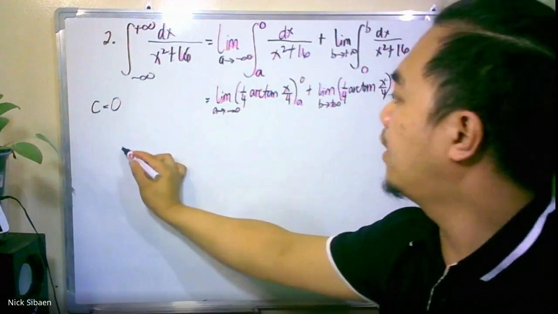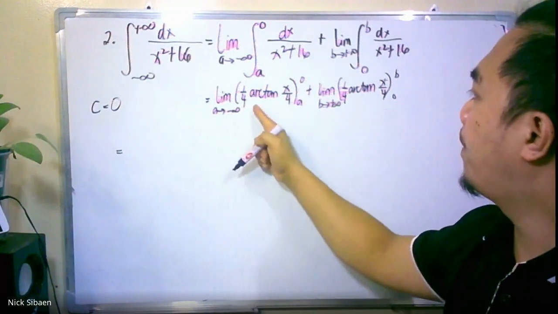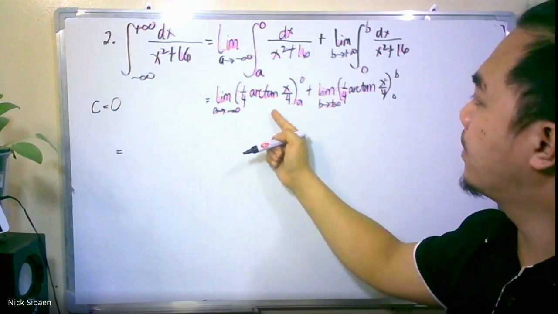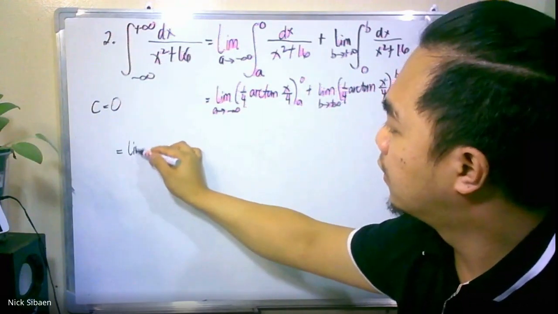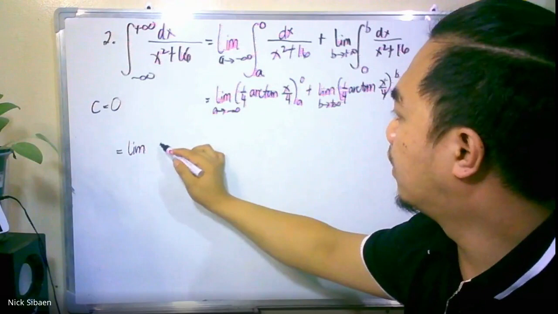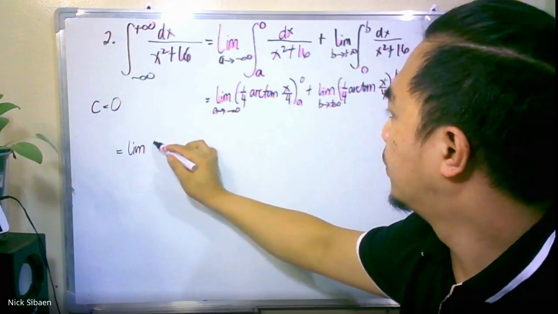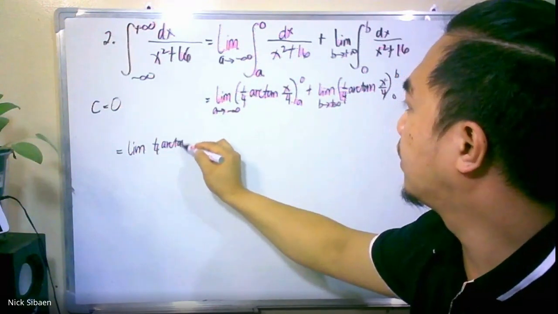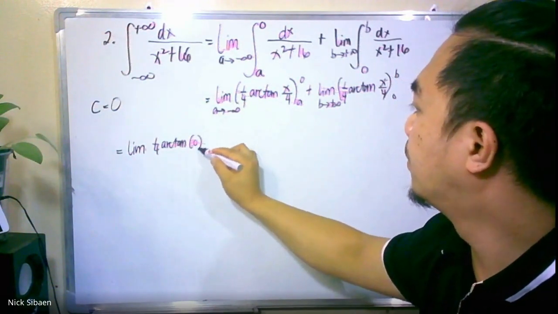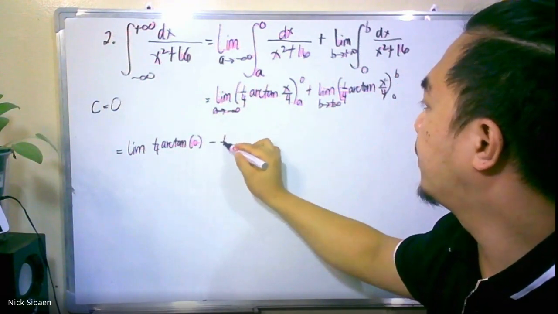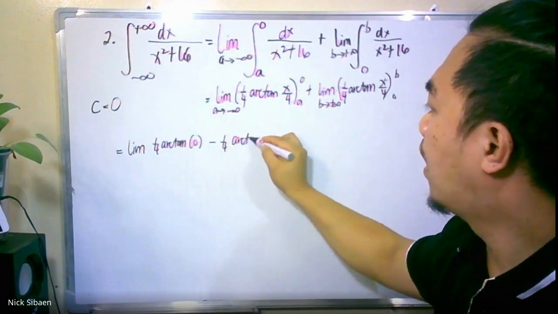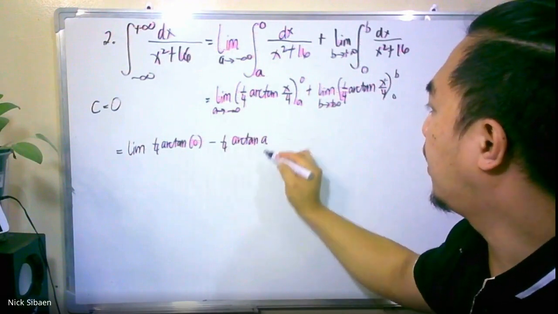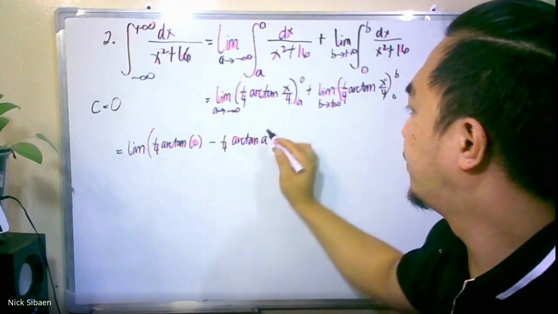And then, of course, what's the next step? FTC na naman. So we have limit of 1/4 arctan 0 minus 1/4 arctan a. Tama ba?